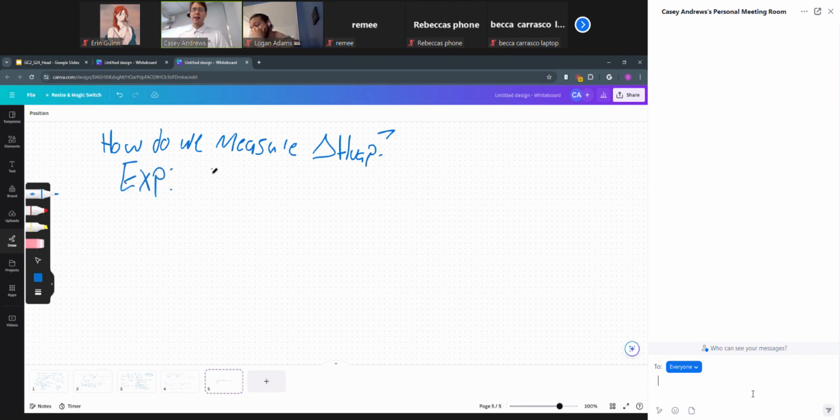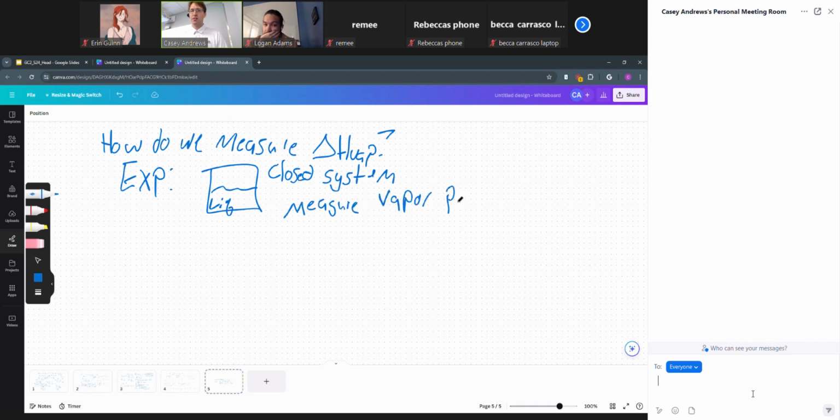What you do experimentally, you have a solution and it's a closed system. So this is my liquid closed system. You measure vapor pressure as a function of temperature.